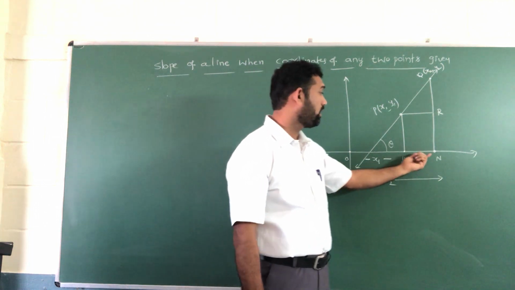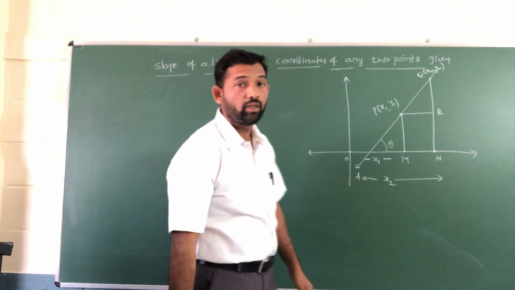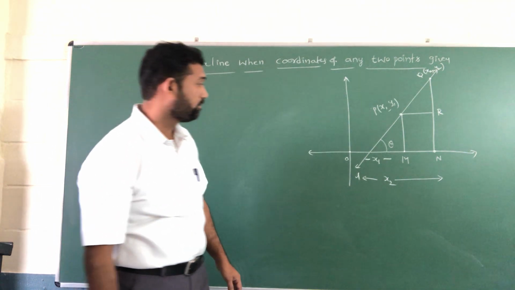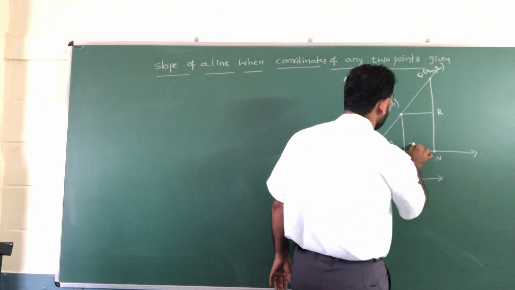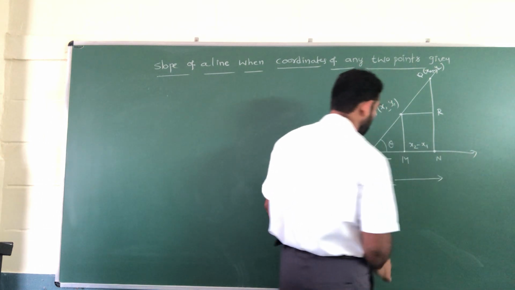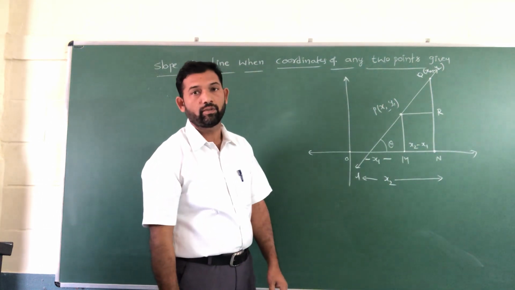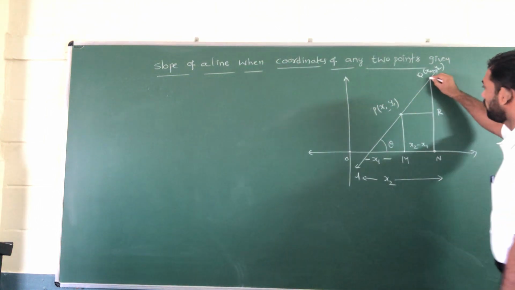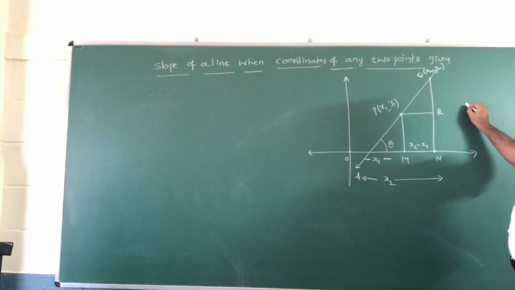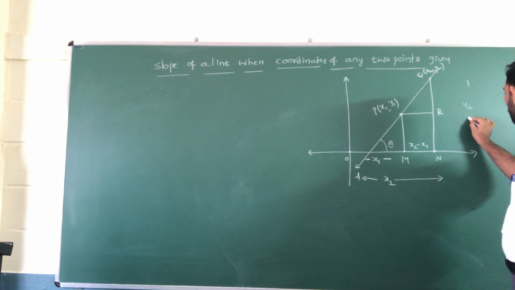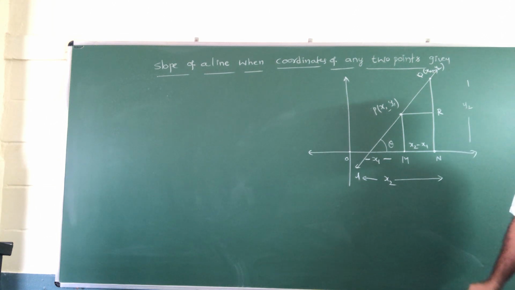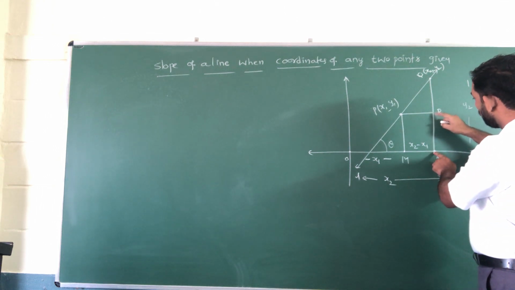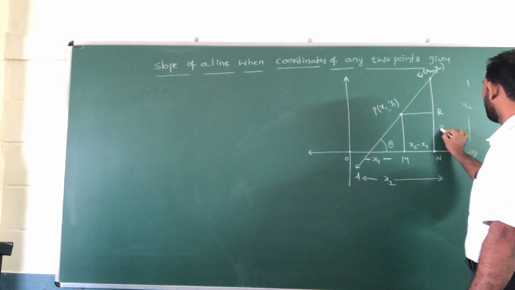Then what is the distance between M and N? That is x2 minus x1. Similarly, this distance is y2, and this distance is y1.